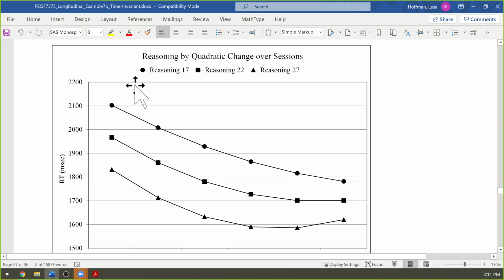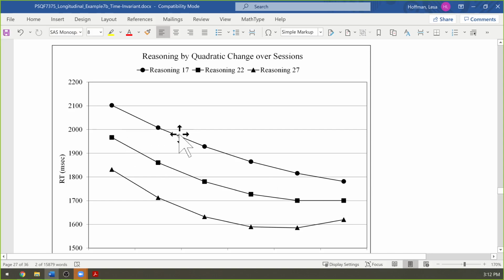So reasoning 17 is the top line. So these are the less smart people. They start out higher. They have a steeper rate of change initially, but they decelerate less. People who are smarter start out lower, they have a steeper rate of change, and they decelerate more.